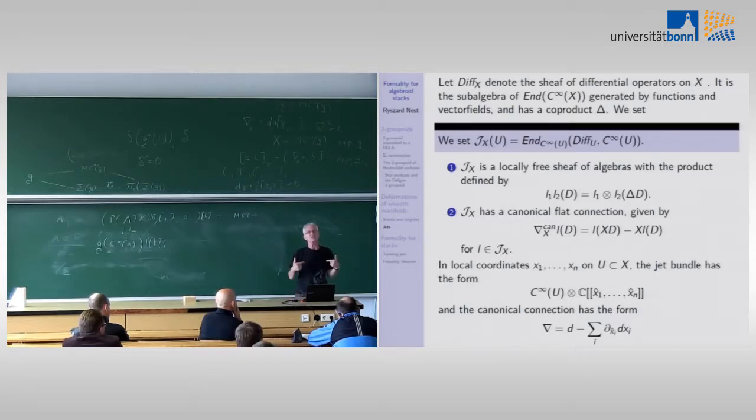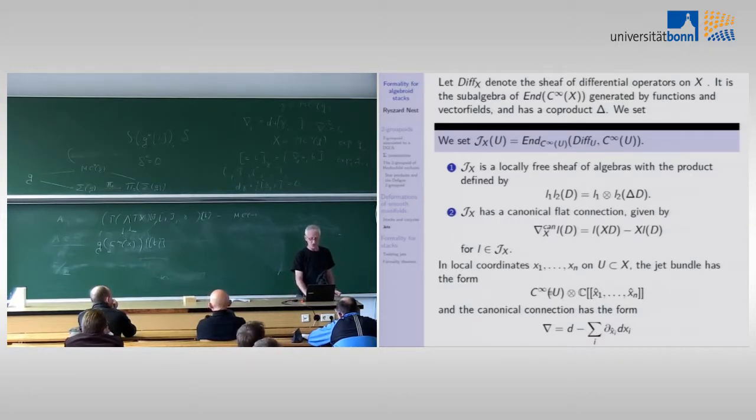In general, a jet is something which does precisely this. Takes differential operators and maps them to functions. It has a product, because differential operators have coproduct, jets are dual to differential operators, so they have a product. So since they are these linear maps from differential operators to functions, they have a very natural flat connection. So the space of jets has a flat connection.